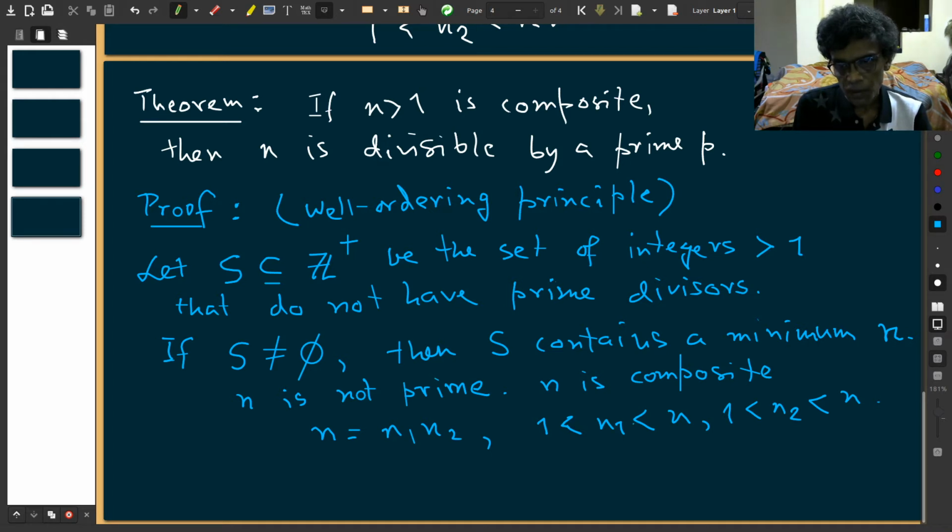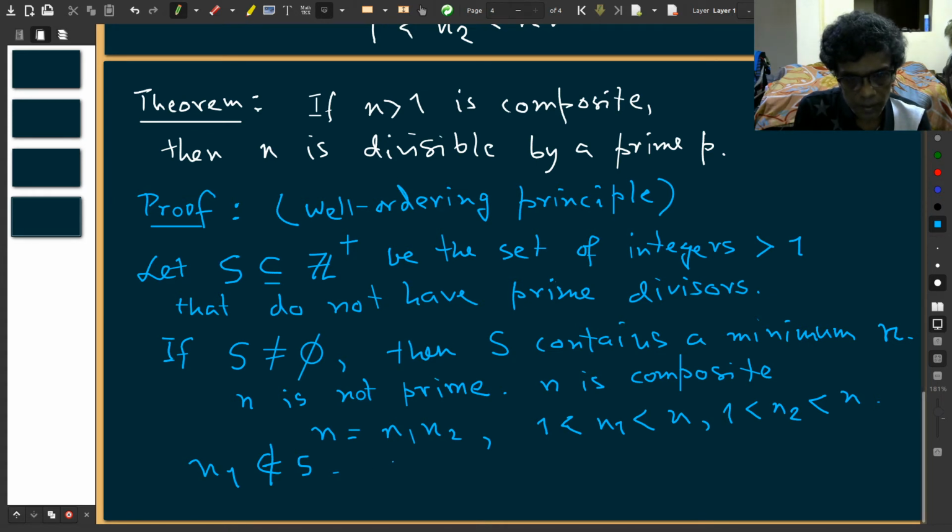Now, since N1 is less than N and N2 is less than N, each of these are not in S. So, irrespective of whether they are prime or not, N1 and N2 have prime divisors. So N1 in particular does not belong to S because it is smaller than N.